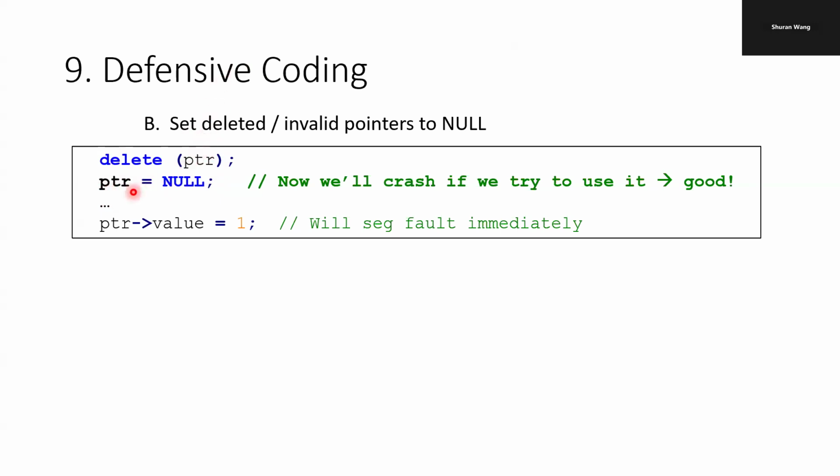So setting it back to null is a really good practice, because if anyone is getting hold of this pointer afterwards, if it's not set to null, it will randomly access some memory that does not belong to you. So if you set it back to null, when you do this, it will segfault immediately, and you know something is wrong here.